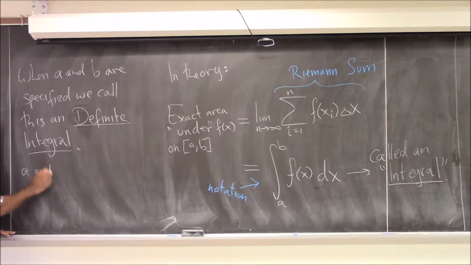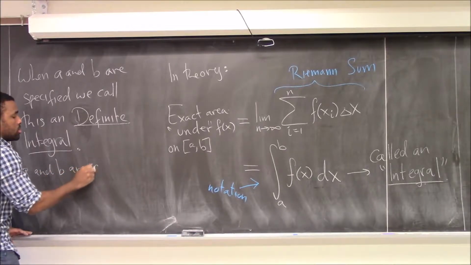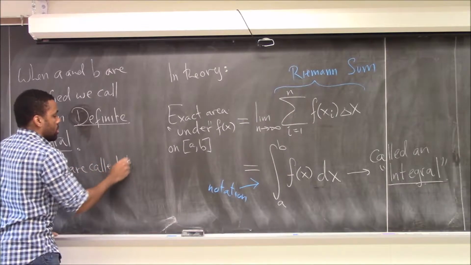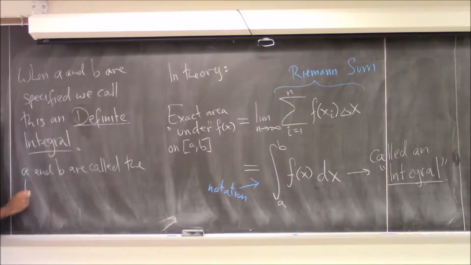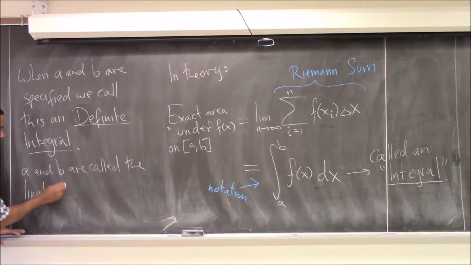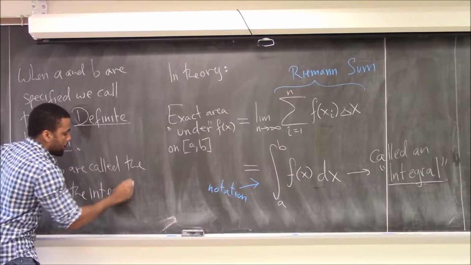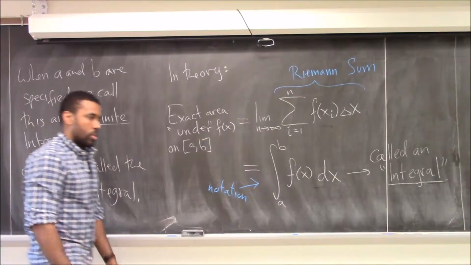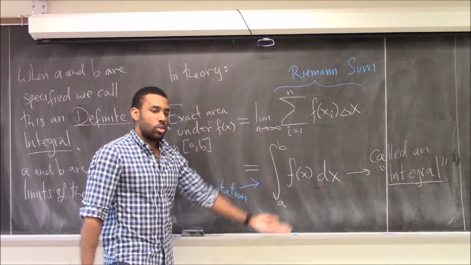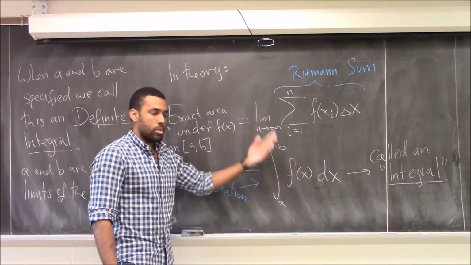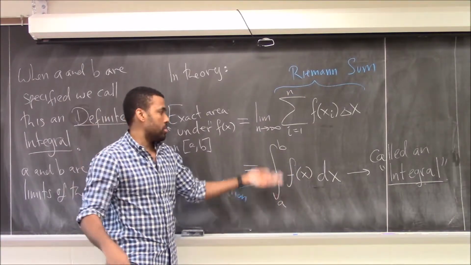A and B are called the limits of the interval. So I can say this is an integral, the limits are from A to B. A is the lower limit, B is the upper limit.